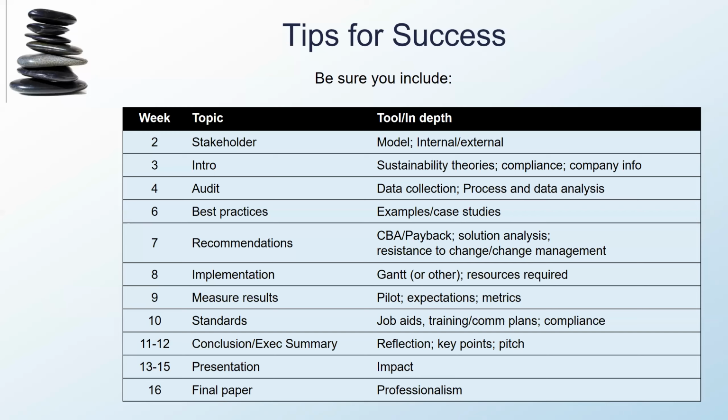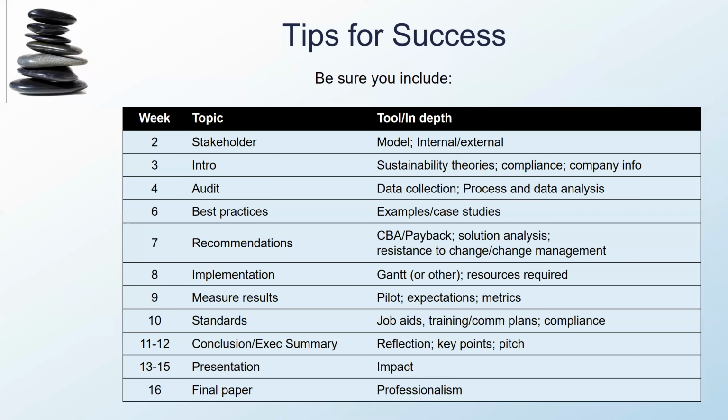Okay, implementation, you must have a Gantt chart, and you must have the resources required. Measuring results. Now, as far as your pilot is concerned, we know that you're not going to be able to have your company spend $40,000 on a new HVAC system. So one of your solutions should be something that you can do a very small part of.